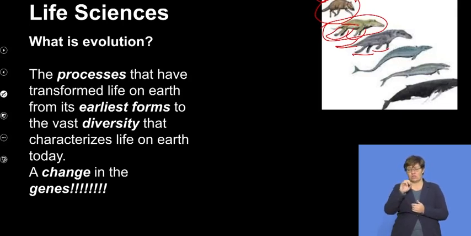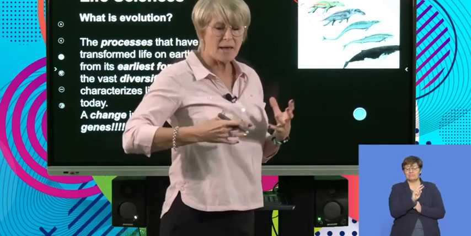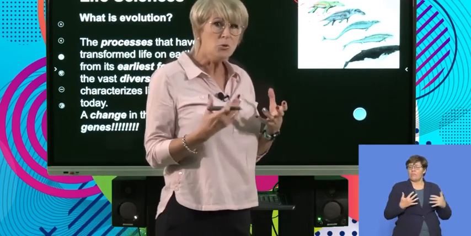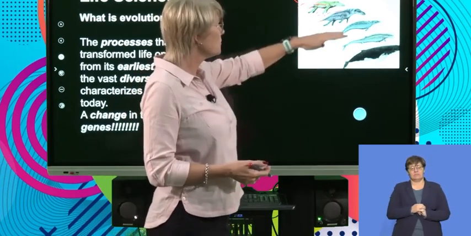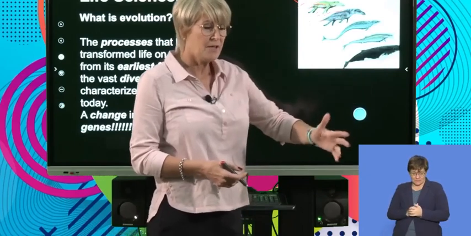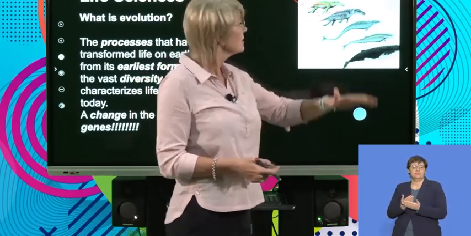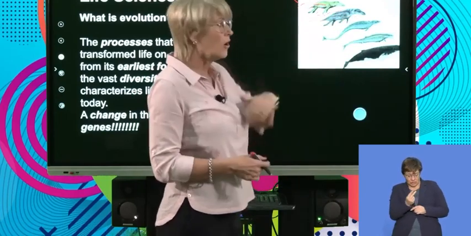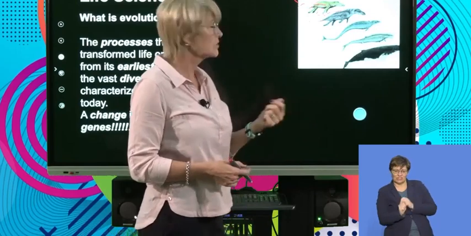So when a mutation occurs, and that mutation happens to make the organism more suited to the environment that it finds itself in, then that organism would be selected to survive. And when it survives, it's able to then reproduce, and it passes on its genes of that mutation or changed characteristic.